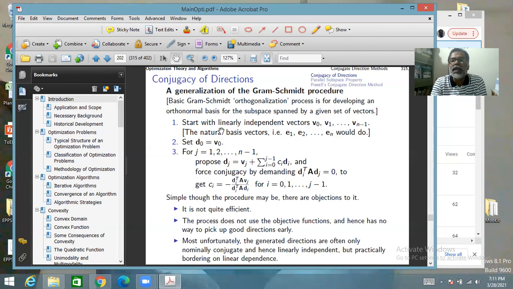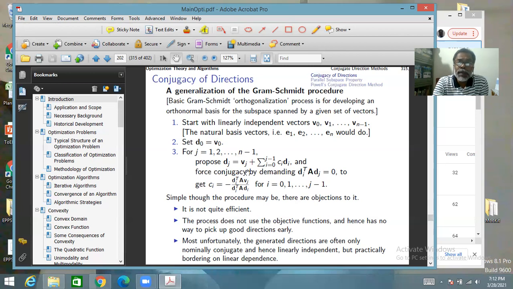Now this process is simple to understand, but it is not efficient because it has got too many matrix vector products here, and that so many times for so many ci's, and that for each j, that means inside cycle another loop, lots and lots of loops. So that will mean quite a bit of computational burden.